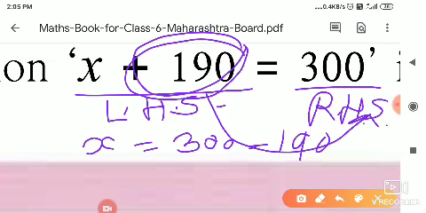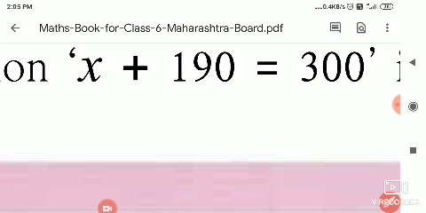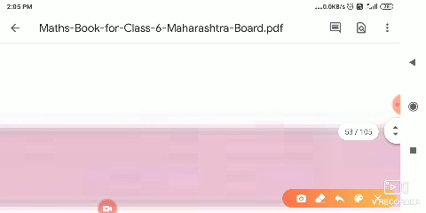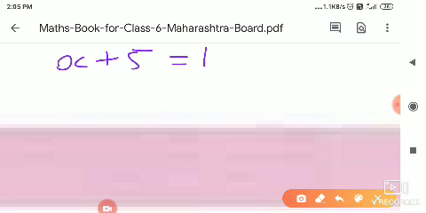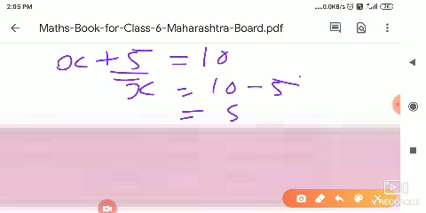The same thing applies the other way: if a number is positive and we take it from the RHS to the LHS, its sign changes. For example, x plus 5 is equal to 10. So this 5 goes there for subtraction. So 10 minus 5 equals 5. This is the solving of the equation.